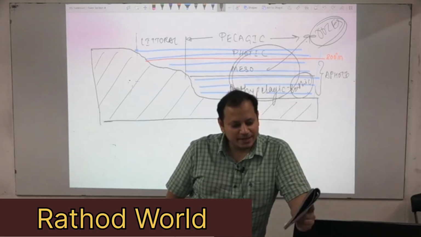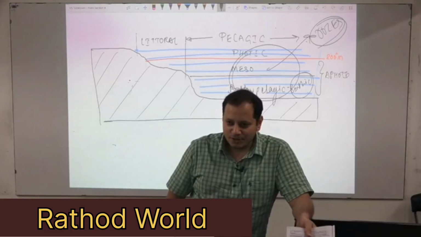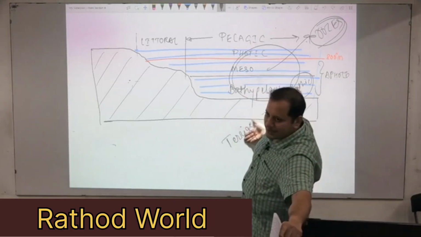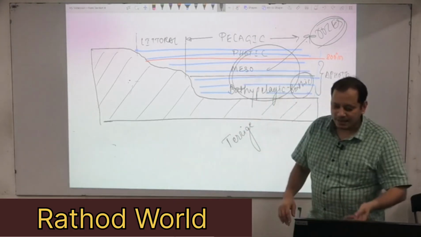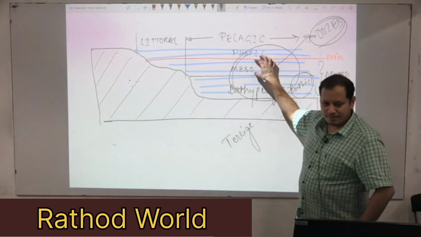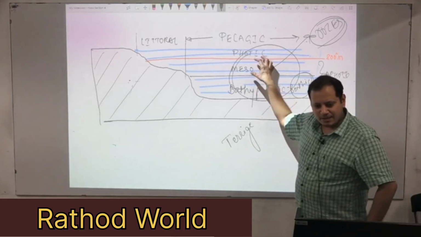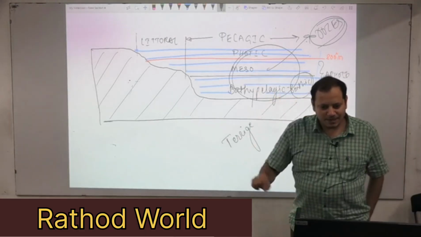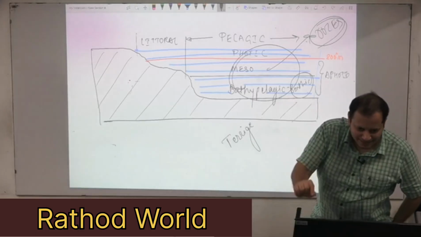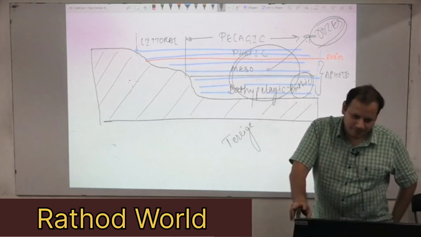The first question in the entire oceanography was, write a short note on pelagic deposits. Photic, mesopelagic, bathypelagic, epipelagic deposits कौन सा मिलेगा, red clay कहाँ मिलेगा, silica कहाँ मिलेगा, और oozes obviously.